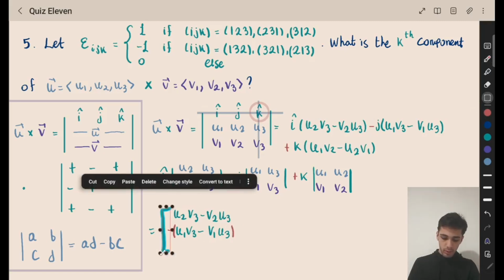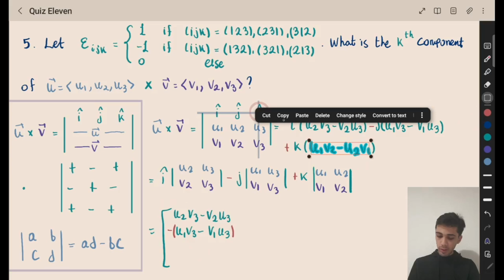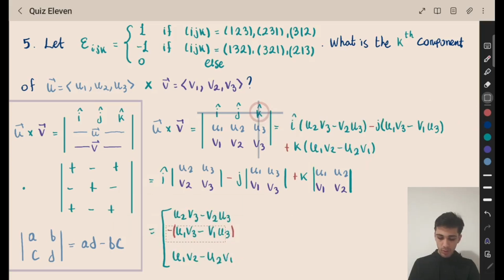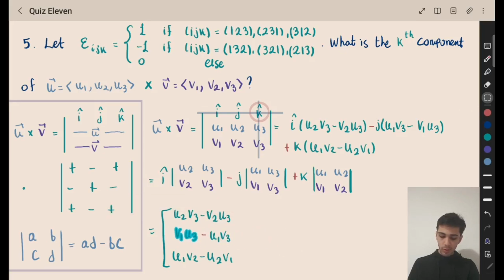And finally, there is the coefficient of k, which is this. Now, if I take the minus of this, then I just get minus of this plus that. I hope you don't mind if I just switch them around. So this is the minus part, this is the positive part. And this should be okay.